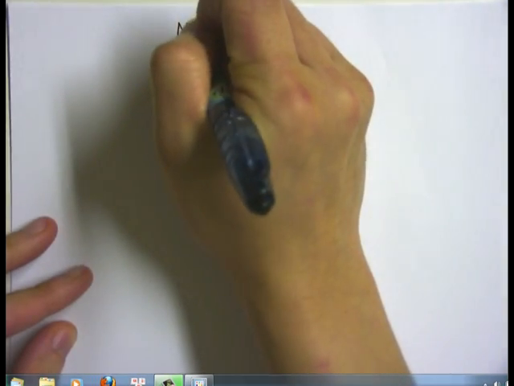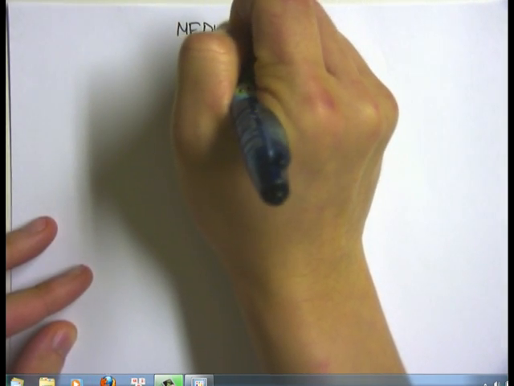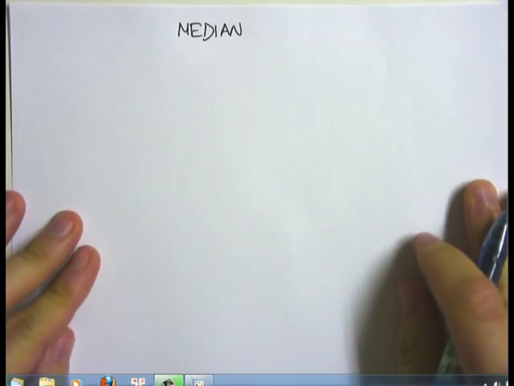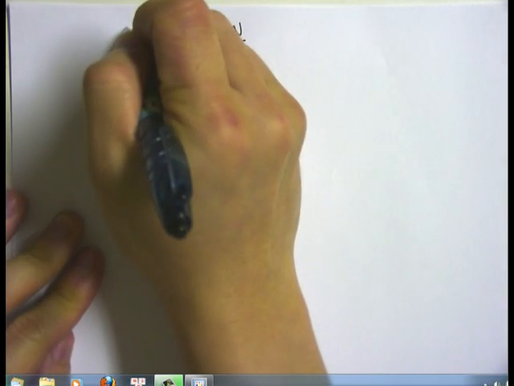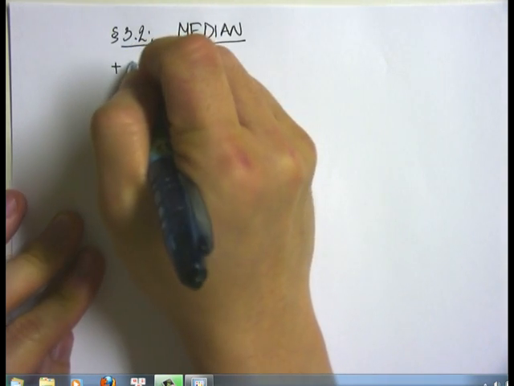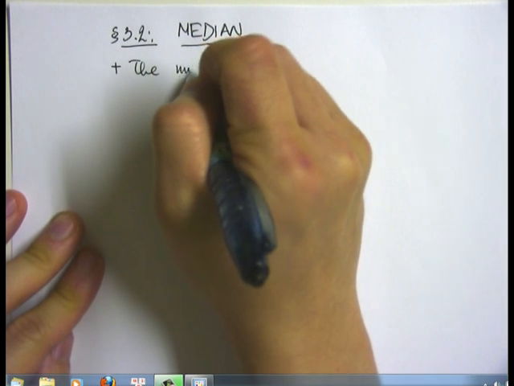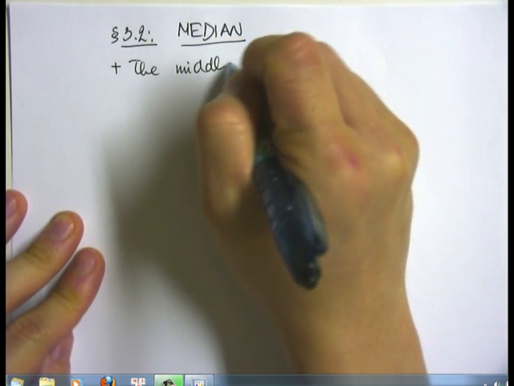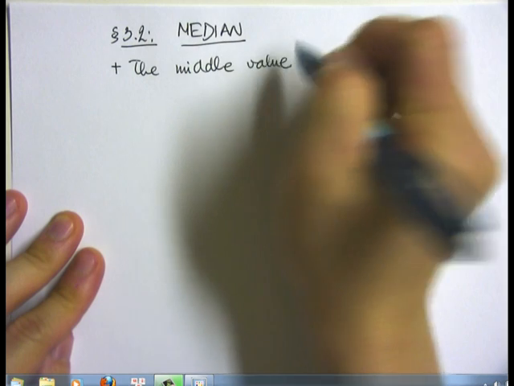Okay, so let's now learn how to find a median, and this is one of the discussion topics in 3.2 again. The median is defined to be the middle value. It's just simply the middle value.